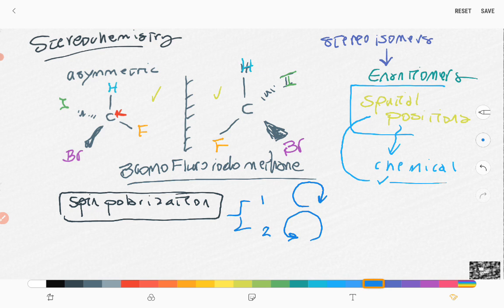So the enantiomers have different spin polarization when you impose them to the light, and this is the difference between the enantiomers, which are a kind of stereoisomers.